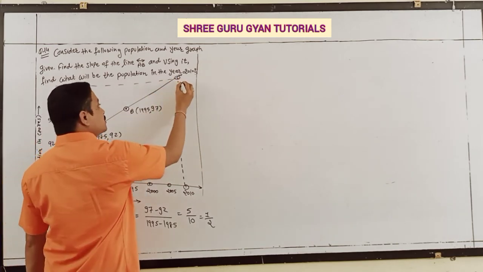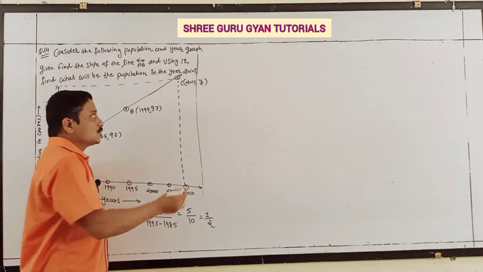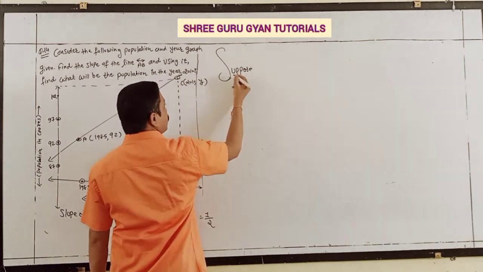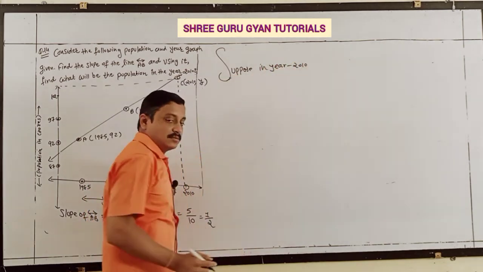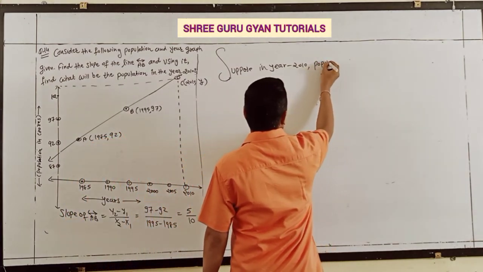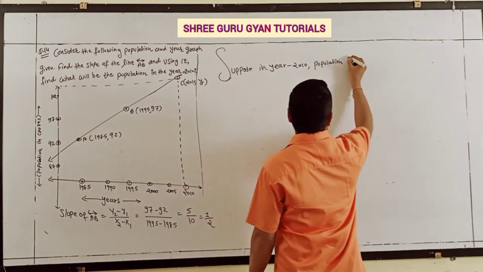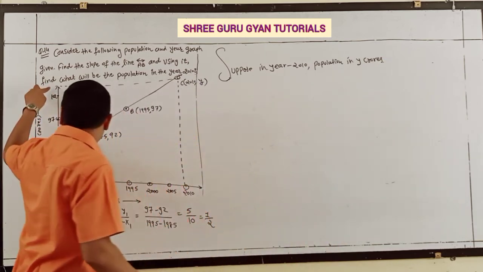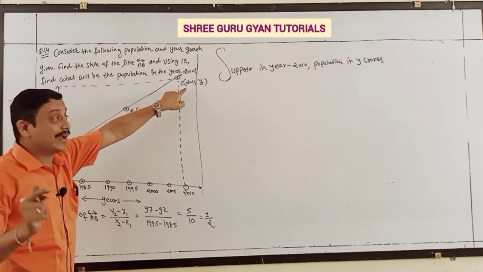I just assume point C is (2010, y). Suppose in the year 2010 the population is y crore. The question asks about the population in y crores, which relates to the y-axis. That's why I'm taking 2010 comma y.